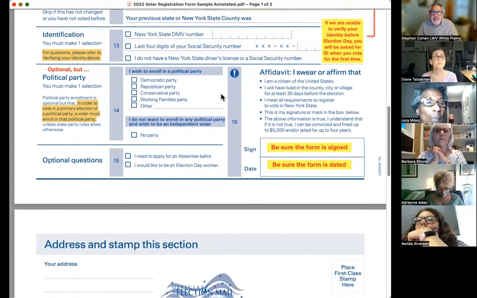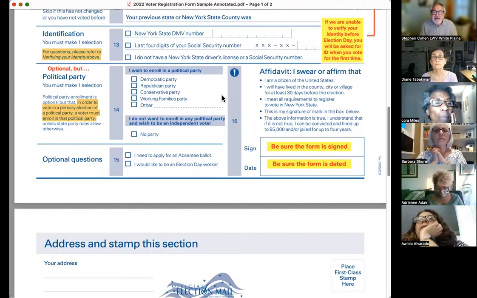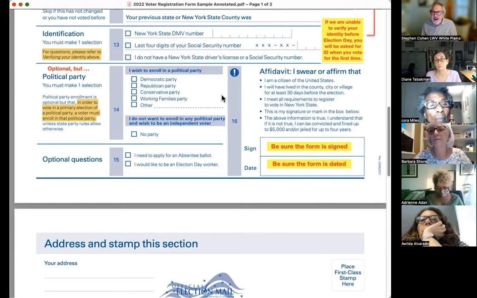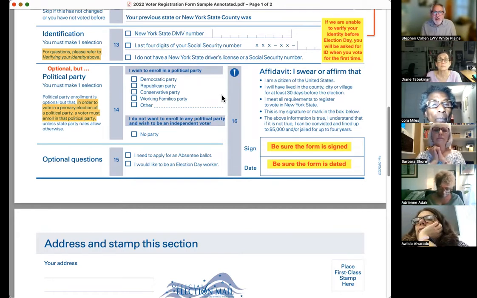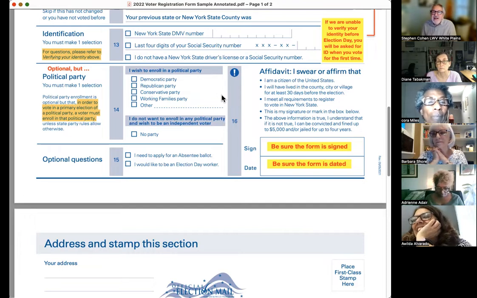Now, this next one, identification, this is something that more often than not, with students, we find that they either don't have a driver's license yet. They might have a learner's permit, or if they have a driver's license, they don't have it on them. They sure as hell, in many cases, in my experience, don't have any idea what their social security number is.